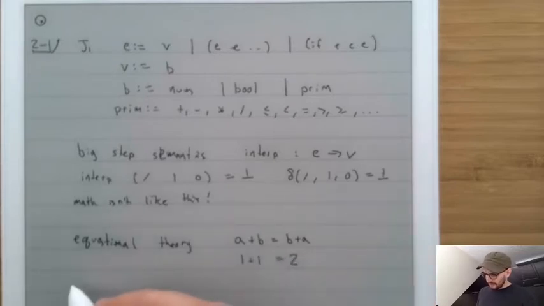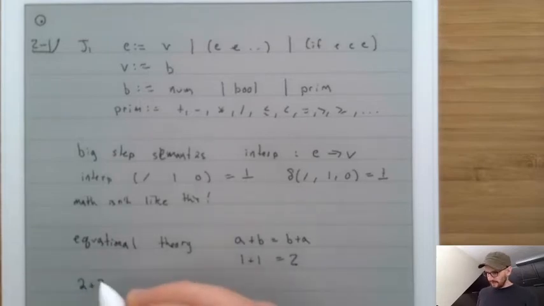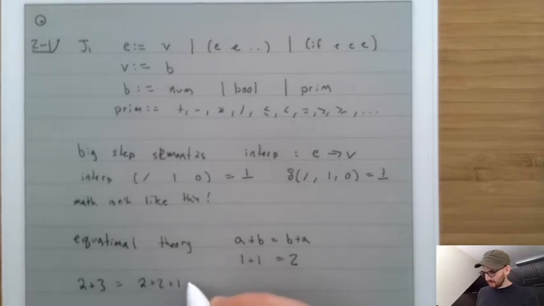And so when we look at something like 2 plus 3, we know that that is the same as 2 plus 2 plus 1, which is the same as 4 plus 1, which is the same as 5. So we have this sequence of steps. We can expand things. 3 goes to 2 plus 1. We can combine them. We can do all sorts of operations.